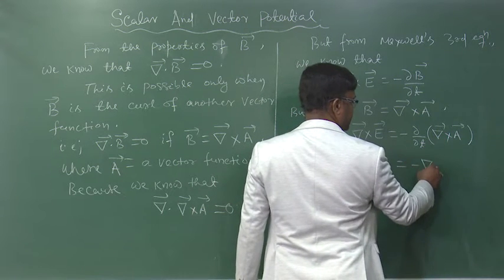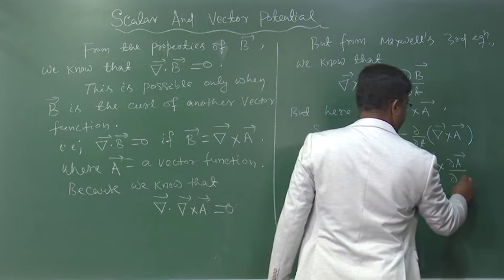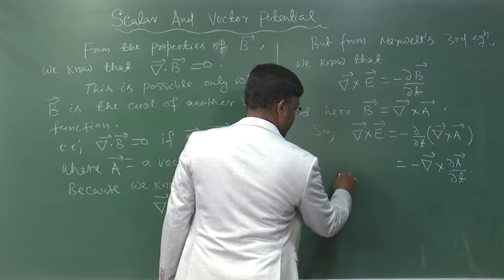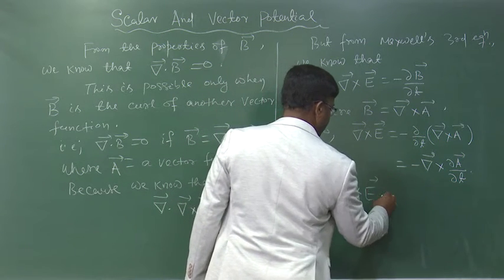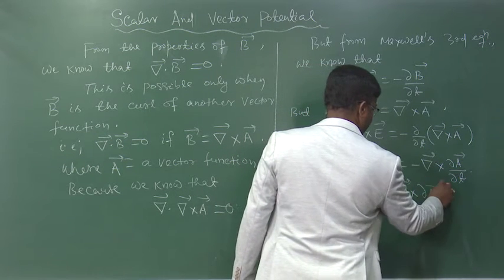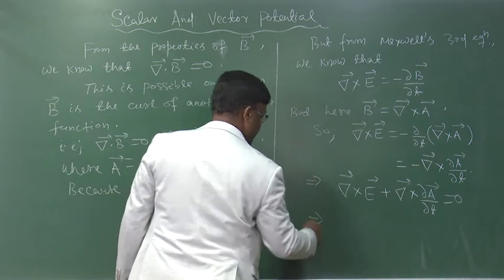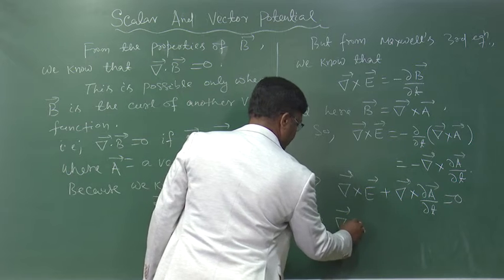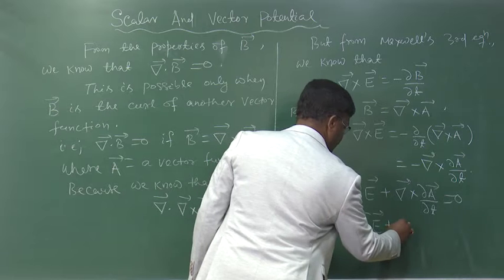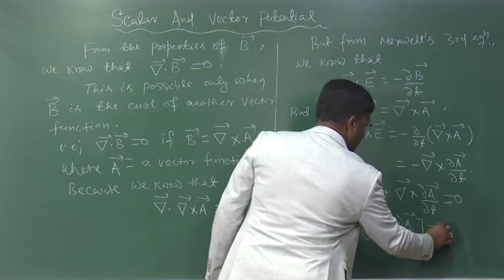So, grad cross E plus grad cross del A by del t equals 0, which implies grad cross of E vector plus del A by del t equals 0.